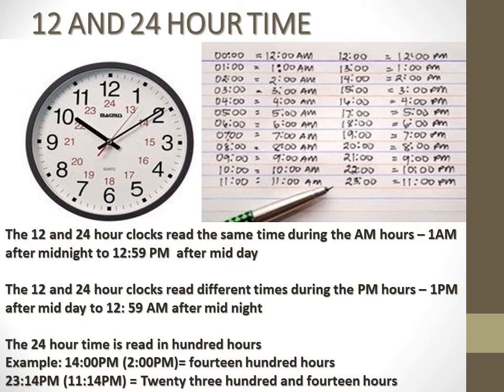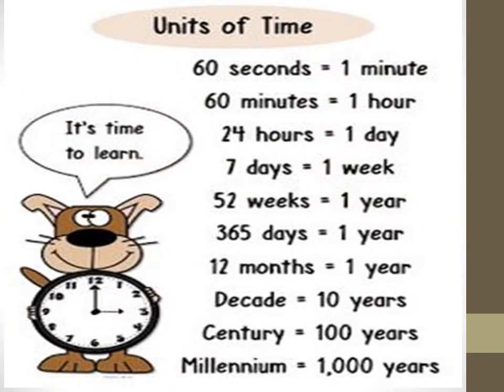Now let's go to the next thing. Units of time. We mentioned the units of time the other time. We mentioned seconds, minutes, hours. We have months, we have year, we have decade, century. Maybe you even have a way of memorizing them. Like I memorized this a long time ago.